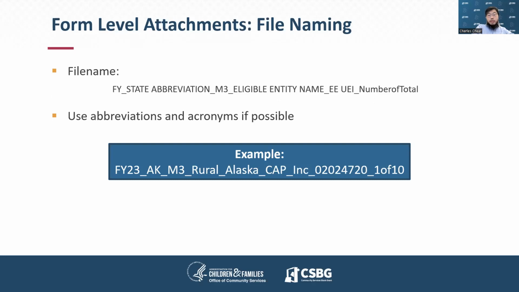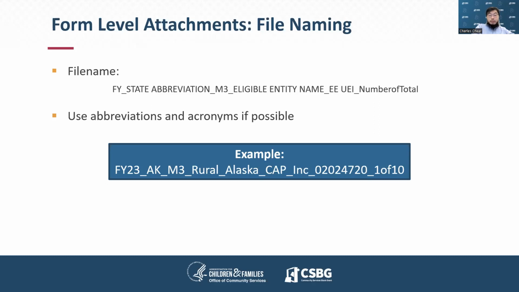Please also note that when you do upload forms for Module 3, we'd highly suggest and prefer a particular naming convention. Here is an example. The example here would be fiscal year 2023, FY23, underscore, and then the state abbreviation, which would be Alaska here, underscore M3 for Module 3.